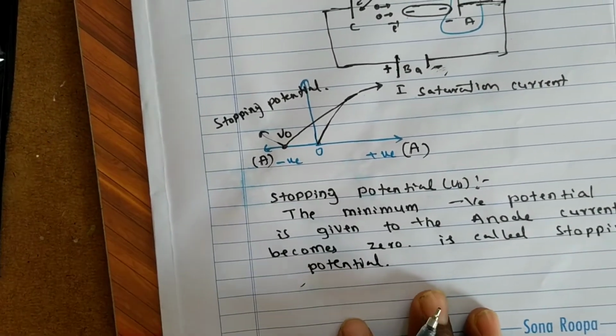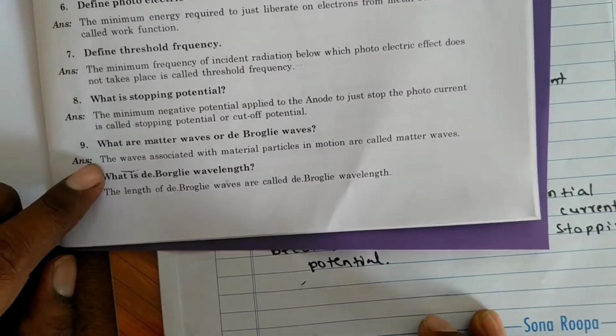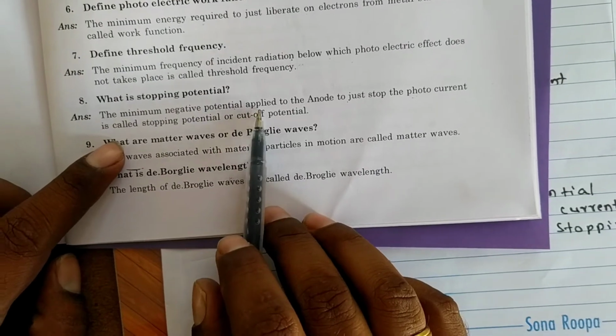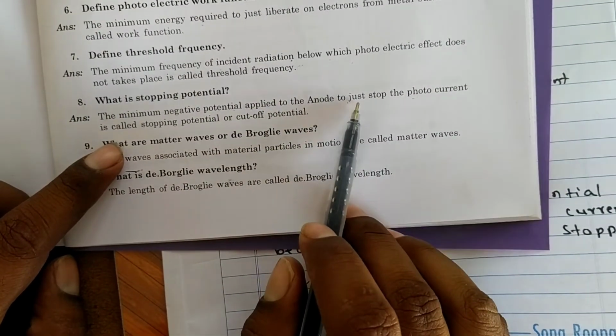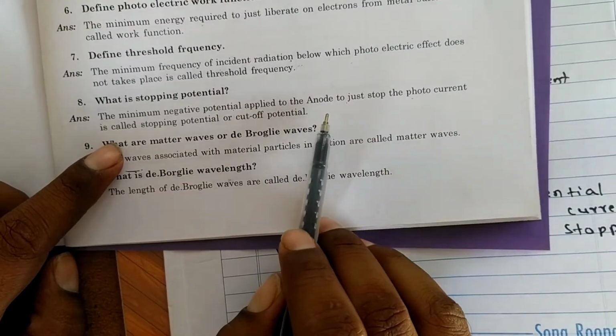This is important for 1 mark. What is stopping potential? The minimum negative potential applied to the anode to just stop the photoelectric current is called stopping potential or cutoff potential.